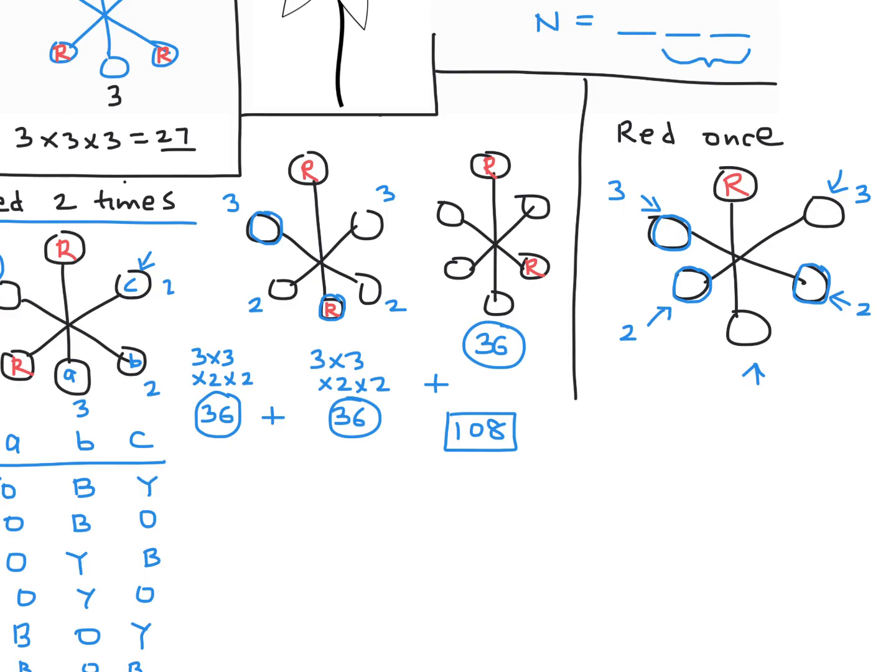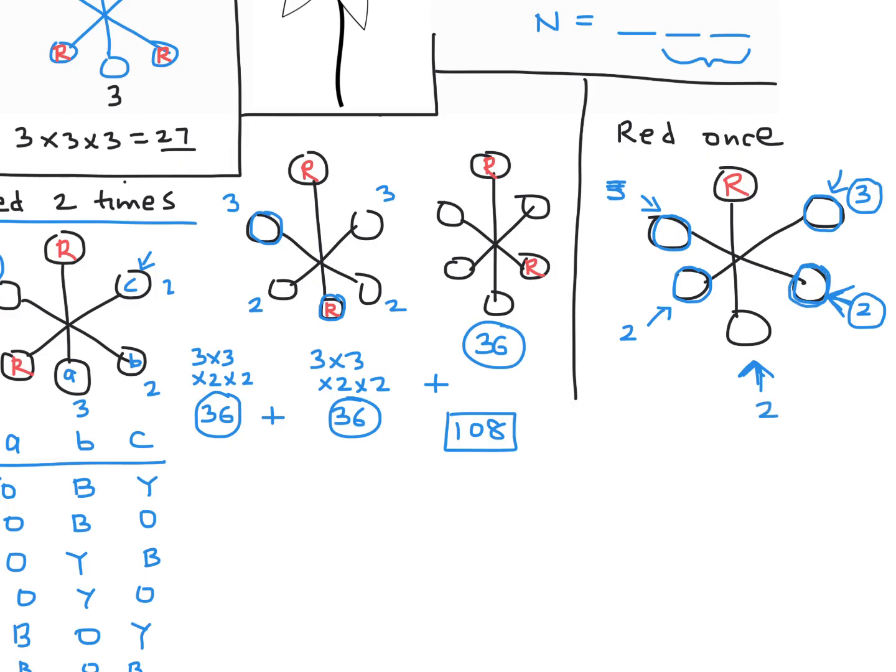Actually, let me go back here. I think one of these 3s is not correct. Let me go clockwise. Yeah, so I'm pretty sure that's correct. And then for this one, it cannot be this color and it cannot be red. So we have 2 choices. So I'm confident about that. For this guy here now, it cannot be red and it cannot be this color.